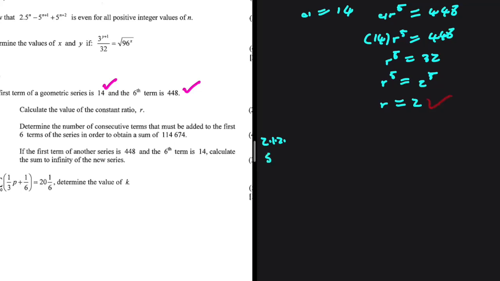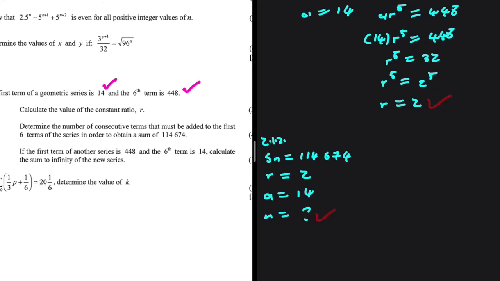Right, so we have a sum Sn which is equals to 114,674,000. We have a common ratio which is equals to 2. Our first term is equals to 14. And we can find the number of terms that will give us a sum of 114,674.